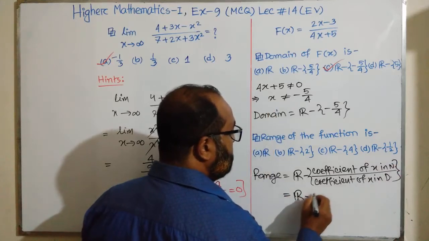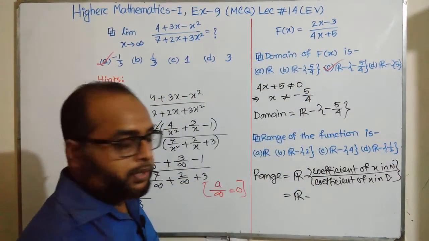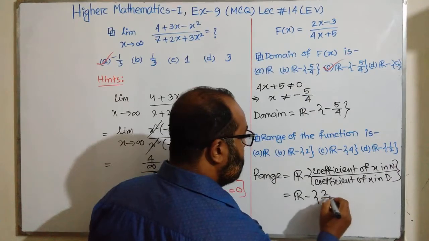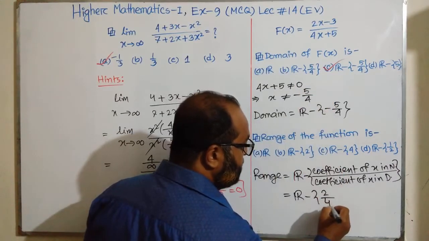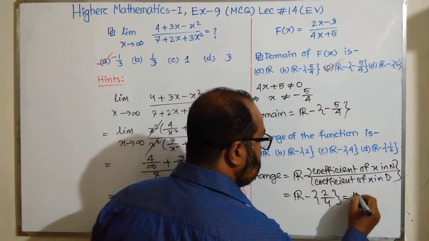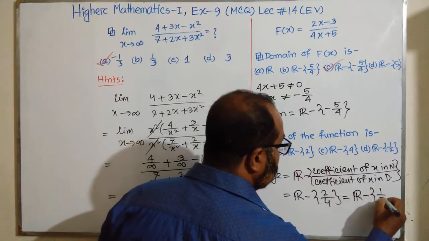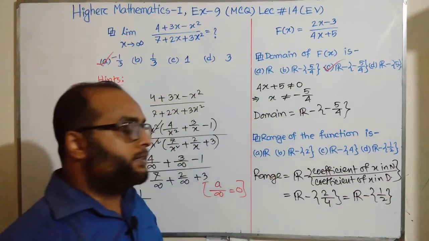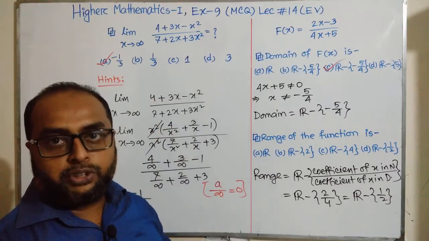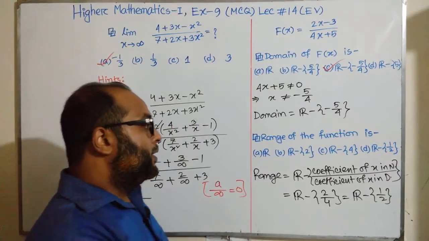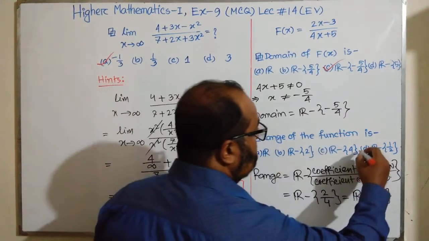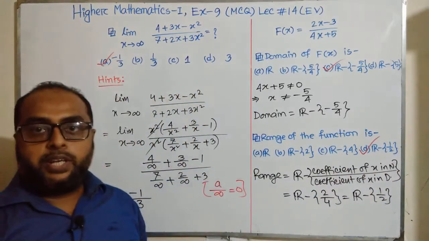So here coefficient of x in numerator is 2 and coefficient of x in denominator is 4. So here we get R minus 1 by 2. This is the range of this function. So here answer of this question is option D.